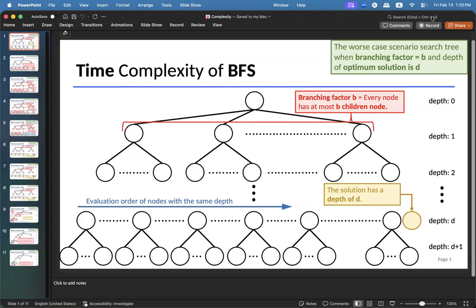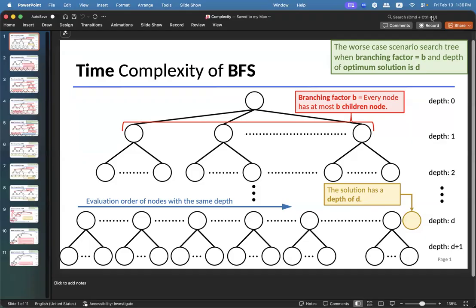When we want to measure the time complexity of the search, we are trying to abstract the execution time of the search. So we are measuring how many nodes are included in the search tree, and we are using that as the criterion to measure the number of operations that the search needs to perform to get to the solution.